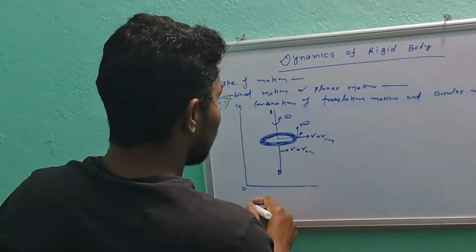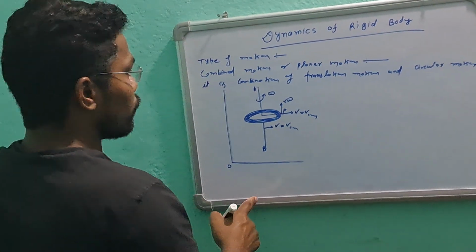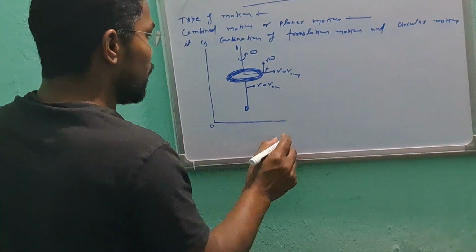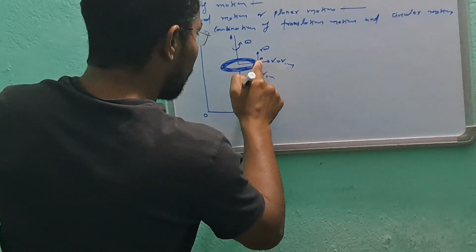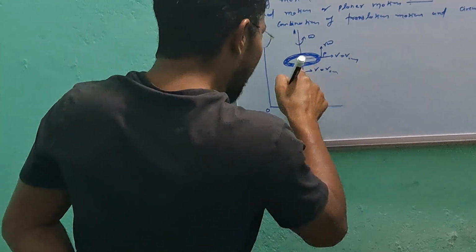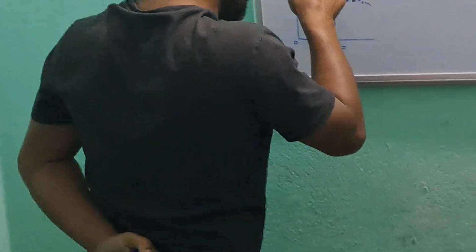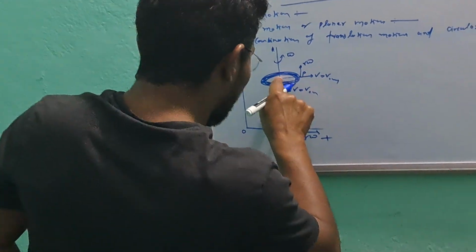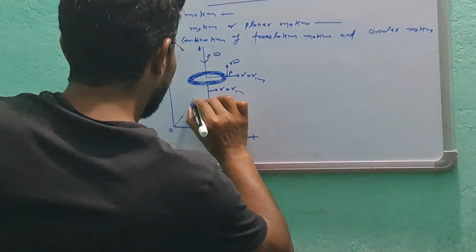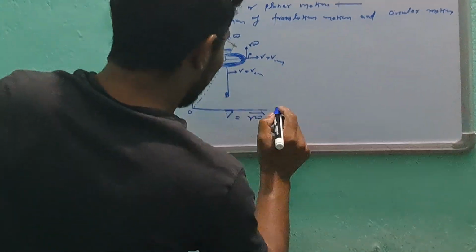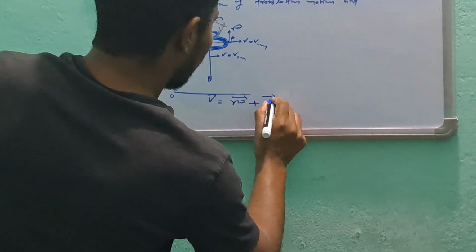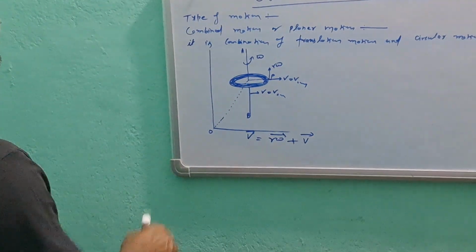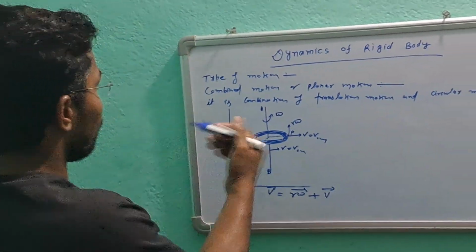Then the net velocity of this point with respect to the origin is the velocity of this point with respect to the point on the axis, that is, with respect to the center of mass, r omega, plus the velocity of the center of mass with respect to point O. These are the types of motion of a rigid body.